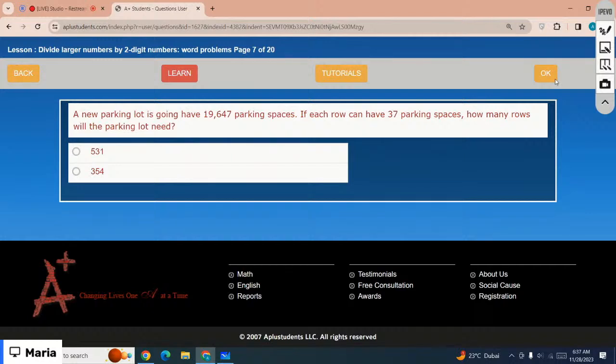A new parking lot is going to have 19,647 parking spaces. If each row can have 37 parking spaces, how many rows will the parking lot need?